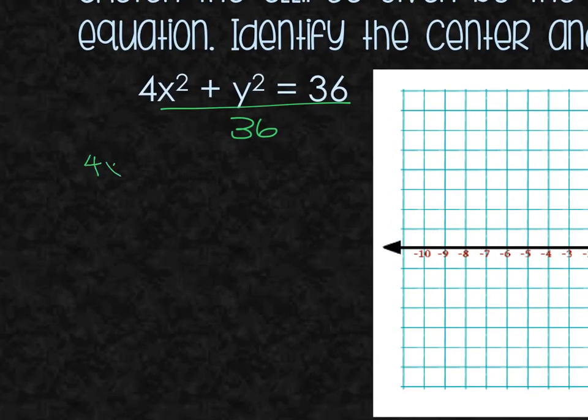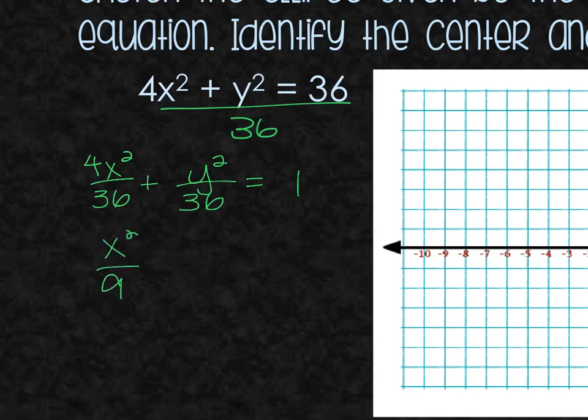So I get 4x squared over 36 plus y squared over 36 equals 1. So x squared over 9 plus y squared over 36 equals 1. Is this vertical or horizontal? Vertical, because the larger number is under the y, right?